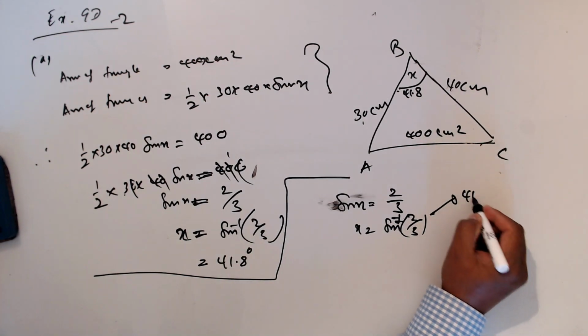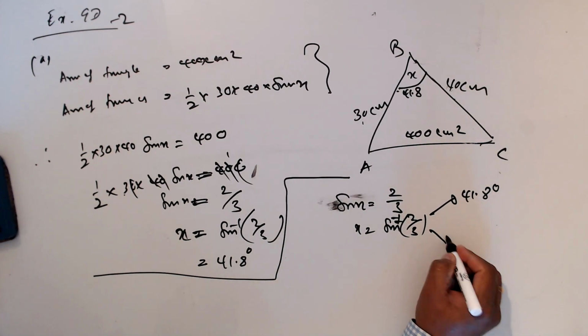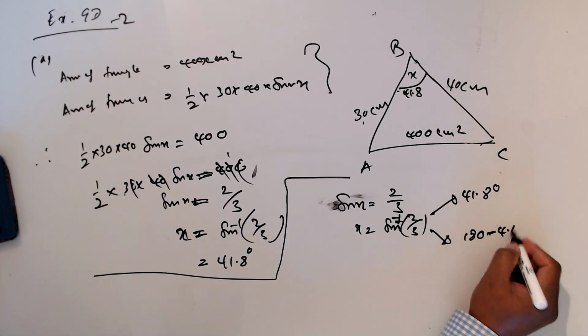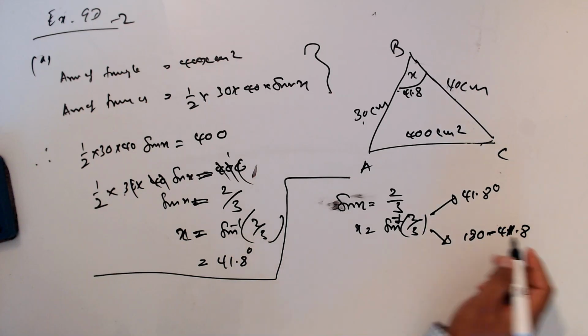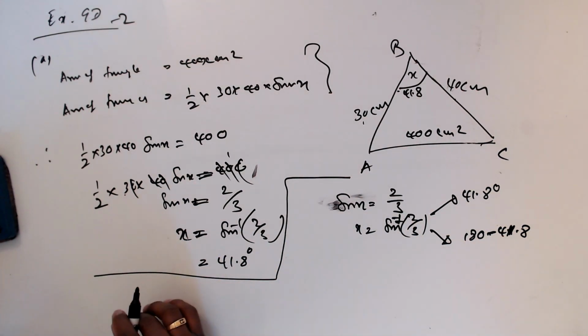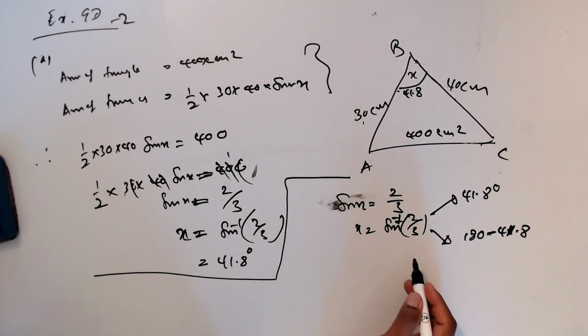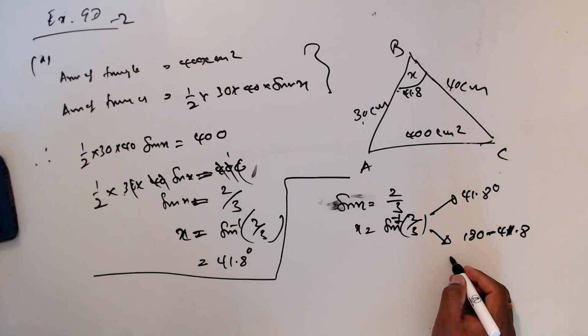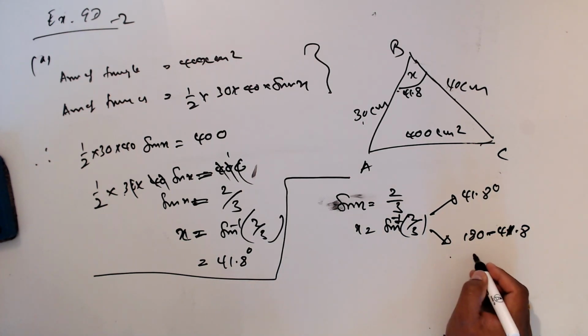One is 41.8 and the other one is 180 minus 41.8, which is valid for sine. So this is going to be 138.